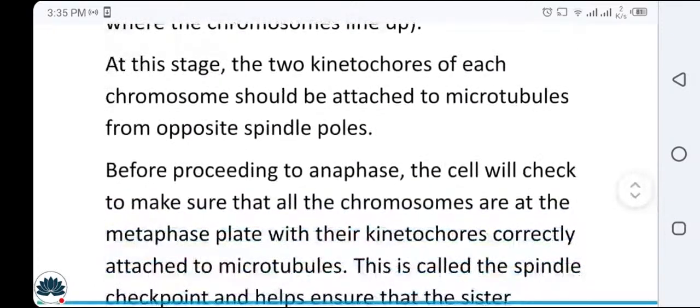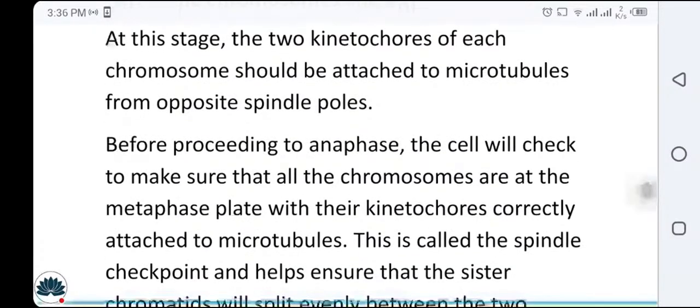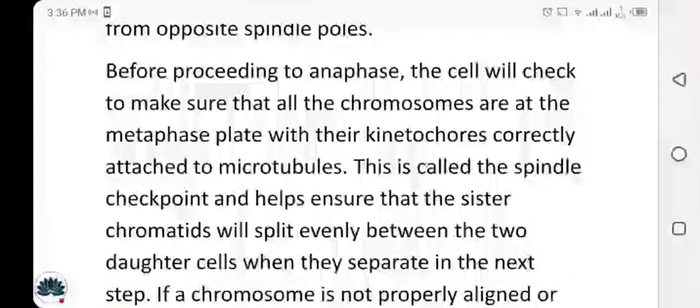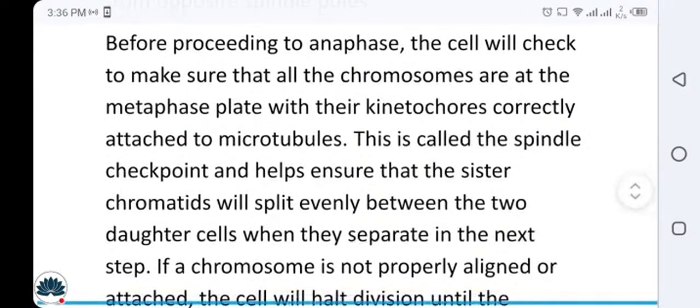At this stage, the two kinetochores of each chromosome should be attached to microtubules from opposite spindle poles. Before proceeding to anaphase, the cell will check to make sure that all the chromosomes are at the metaphase plate with their kinetochores correctly attached to the microtubules.